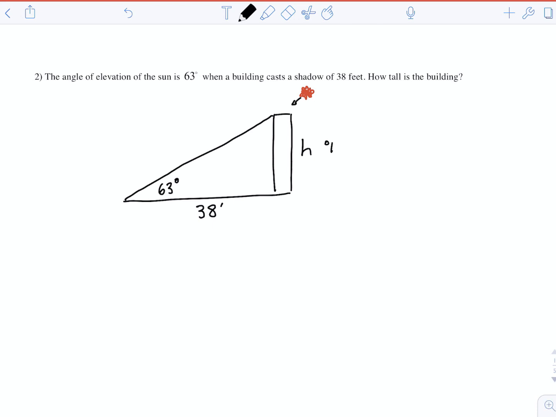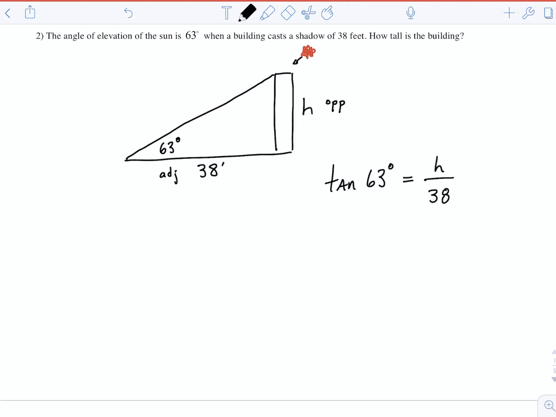So this is the opposite side, and this is the adjacent side, which means I get to use tangent. So tangent of 63 degrees is equal to opposite over adjacent. And then to solve for h, just multiply both sides by 38.